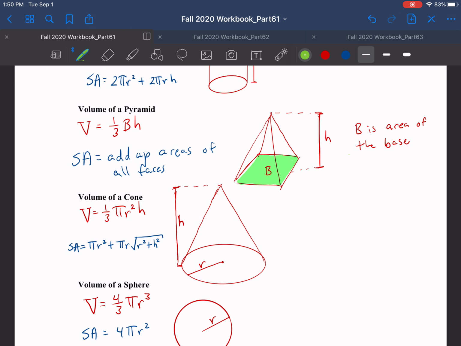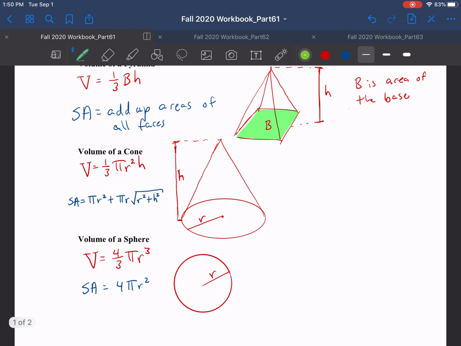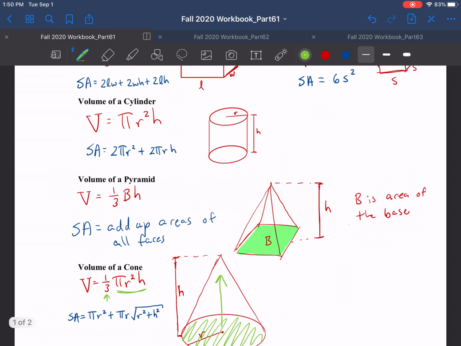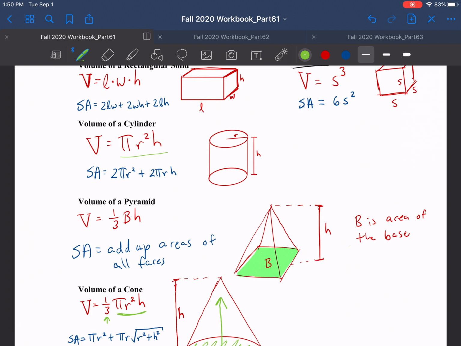Now for a cone, the volume of a cone is 1/3 pi r squared h. You see that pi r squared, that's the area of the base. And now we can't just multiply that up through the height like normal. I mean, we do that as well, but we also have to take this 1/3, because if we just did pi r squared h, that would be the volume of a cylinder.